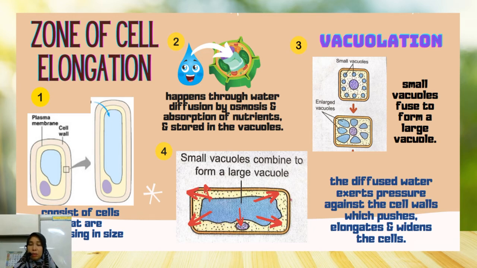That pressure will press the cell wall and cause the cell to become elongated and also widened. That's how the cell increases in size. So that is what happens during the zone of cell elongation.